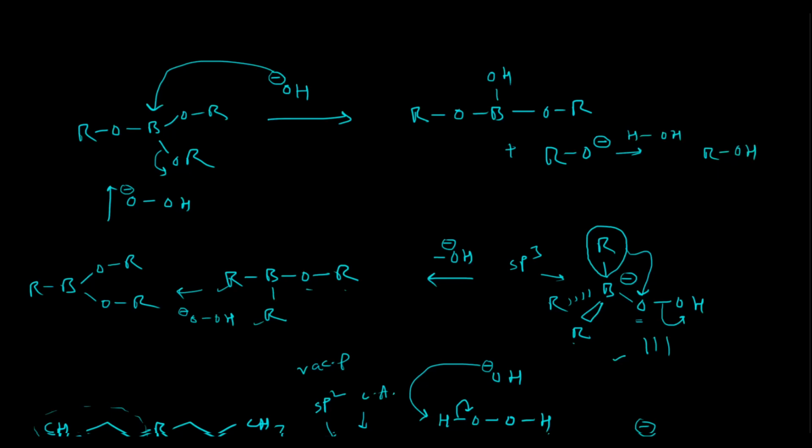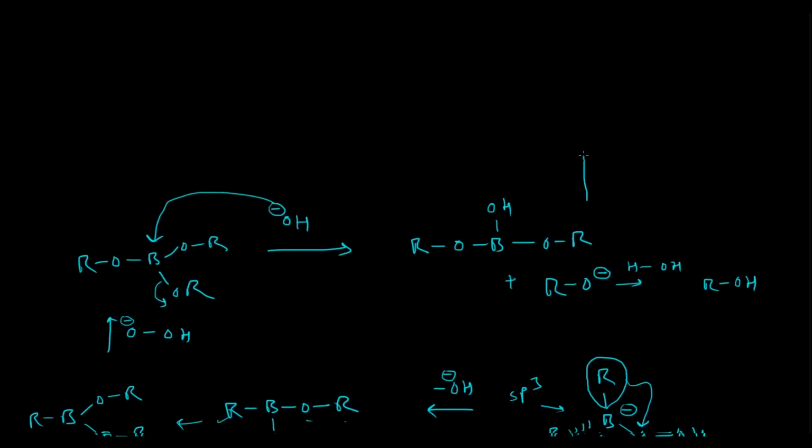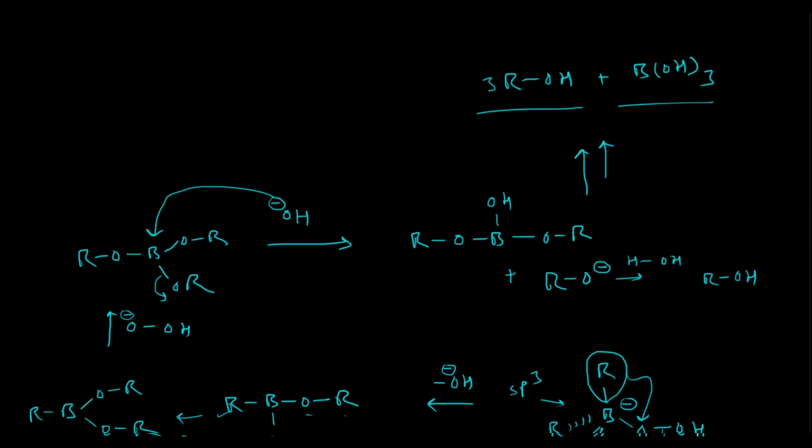So like this, 2 more attacks by OH minus will take place, which will eventually produce 3 ROH and the boric acid. So these are the overall steps of oxidation by hydrogen peroxide in aqueous sodium hydroxide solution.